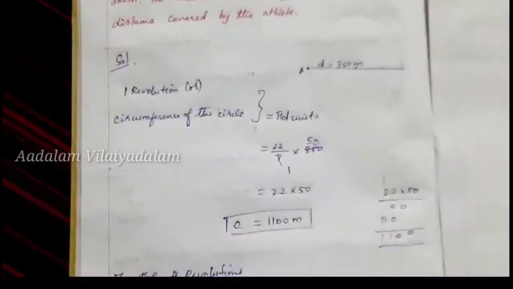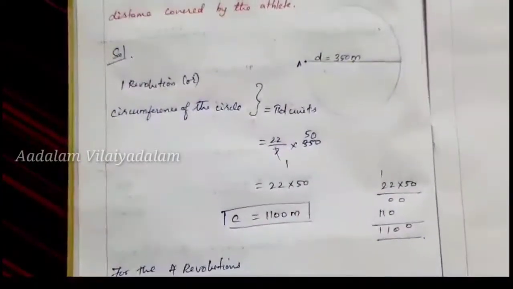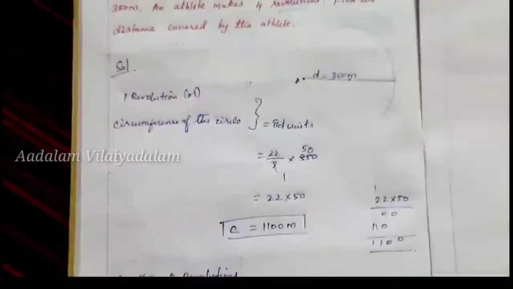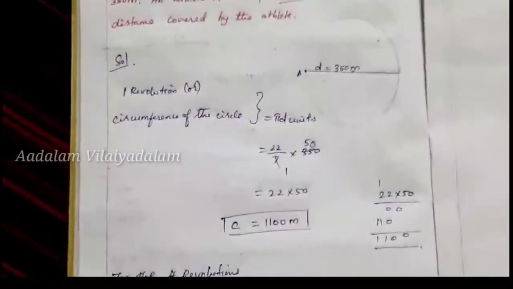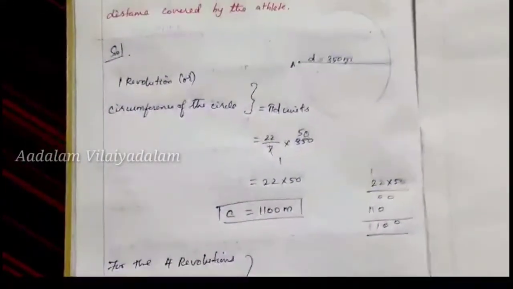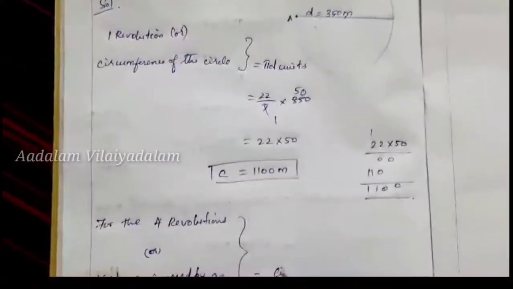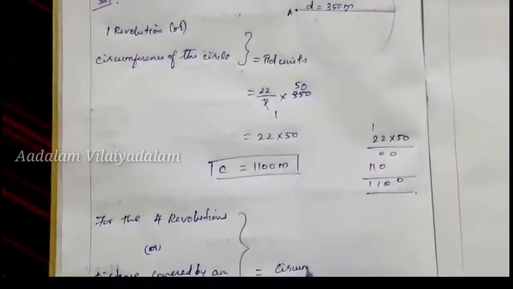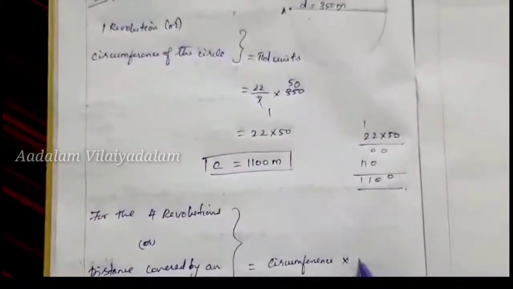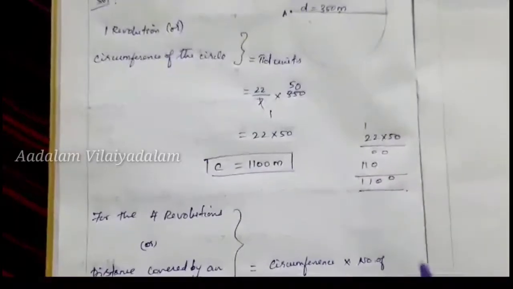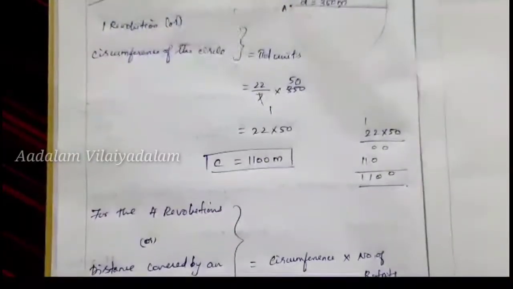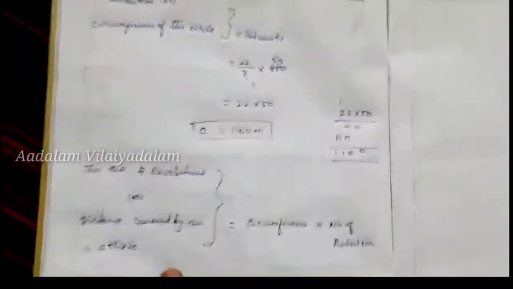Or it could say distance covered by an athlete. So we could say that is circumference into number of rotation, or number of revolutions.